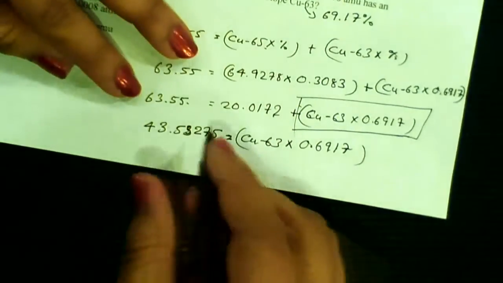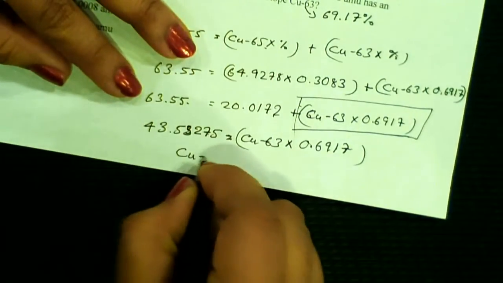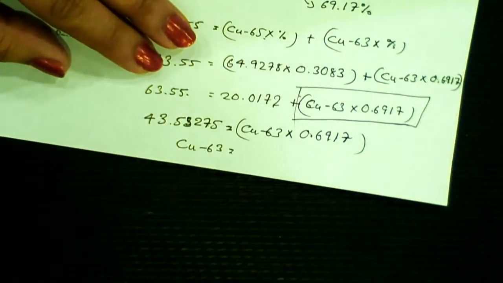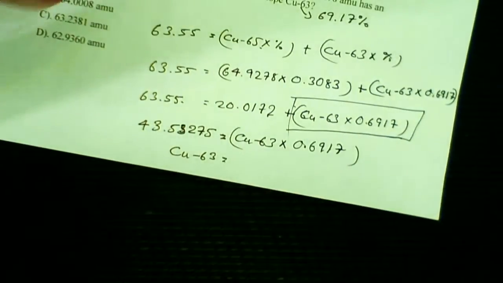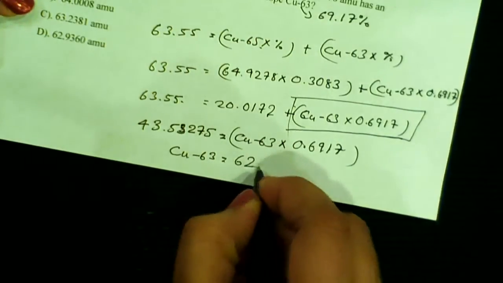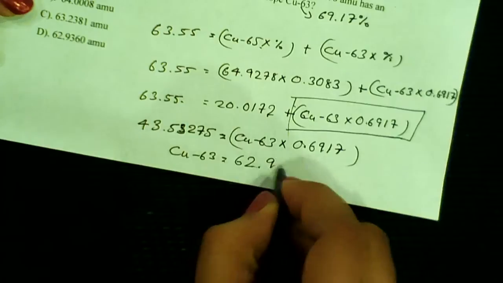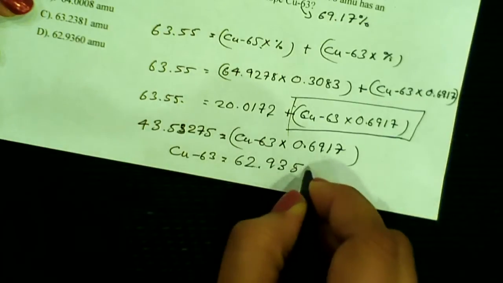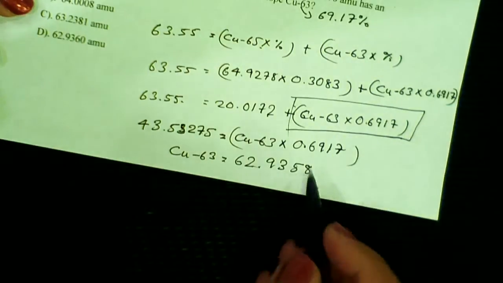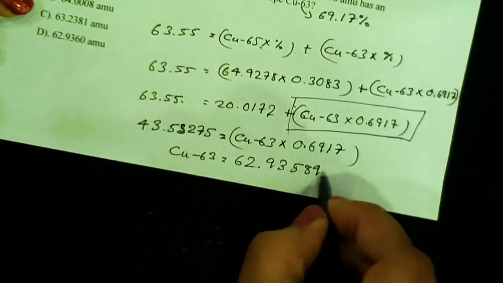So mass of copper 63 will be equal to 62.9358. So if you round, it's going to be 5896.